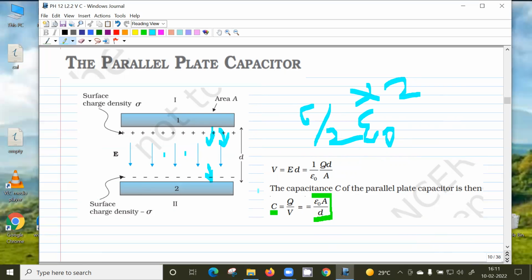And in terms of voltage, voltage and electric field are related like this, because V is integral E dot dl, and E is uniform, right? Yes, sir. Because D is very, very small, E will come out.